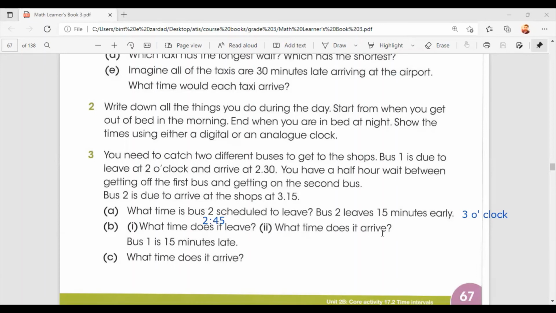What time does it arrive? If it's leaving at 2:45, so what time does it arrive? It's 3 o'clock. We can write here 3 o'clock.